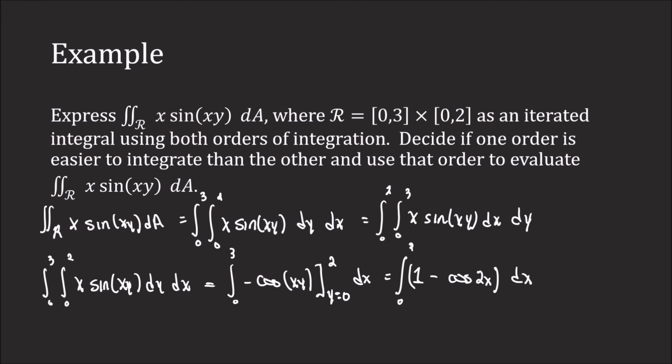Right, so this would give us x minus a half sine 2x evaluated from x equals 0 to 3. And when you evaluate that, you get 3 minus sine of 6 all over 2. And that would be our double integral.